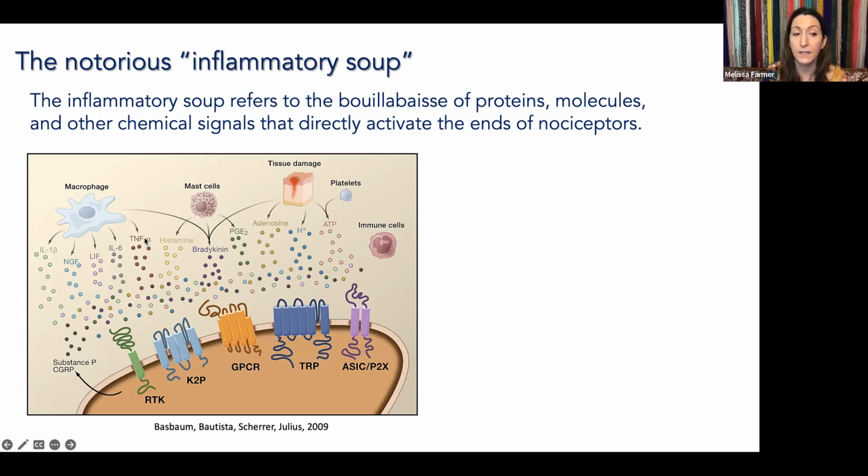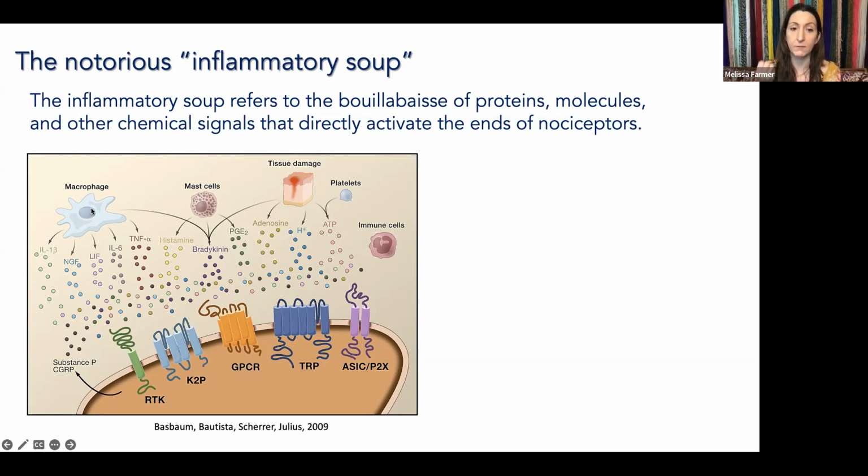If you have some sort of inflammatory response from a bacterial infection or even just an autoimmune condition, and you knock out TNF alpha, for example, you still have other things that will activate macrophages.